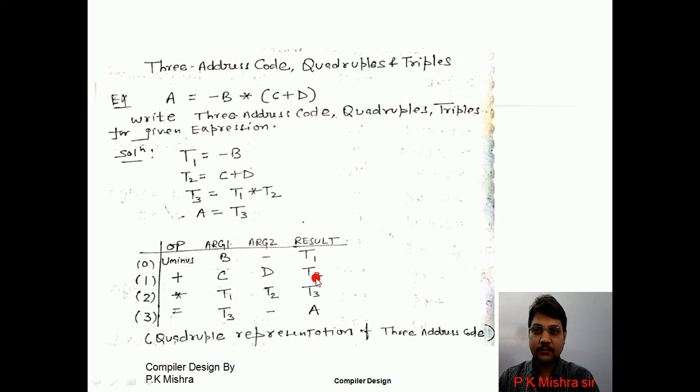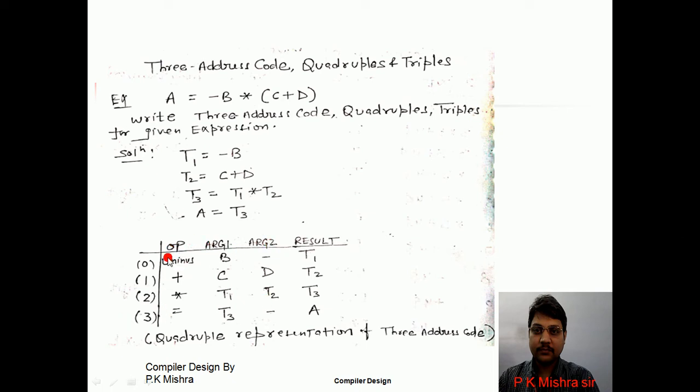This representation of three address code is known as quadruples representation. It is called quadruples because there are four fields.